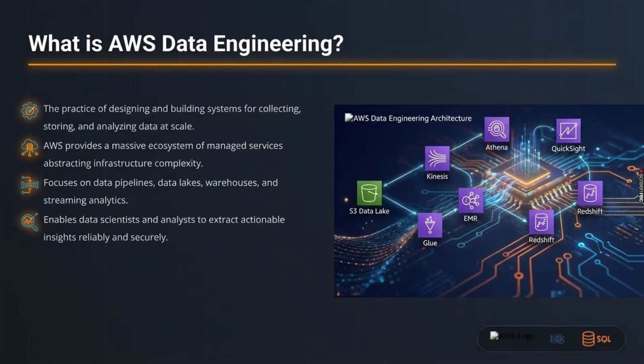DynamoDB for NoSQL databases. Redshift for RDBMS in cloud. Athena for query engine. Kinesis for real-time data. QuickSight for dashboards in the cloud. EMR for big data management. Glue for serverless ETL.